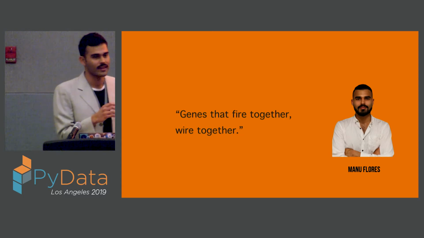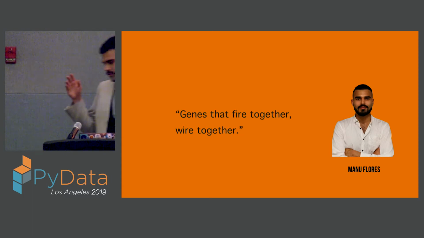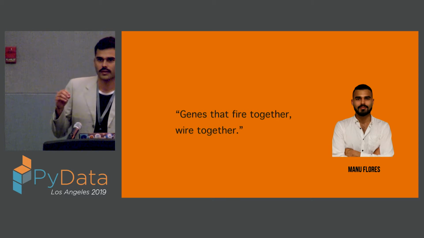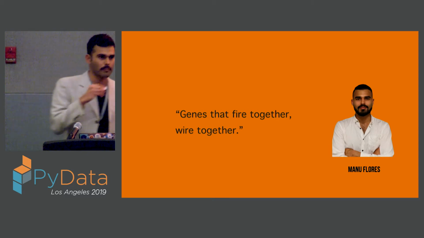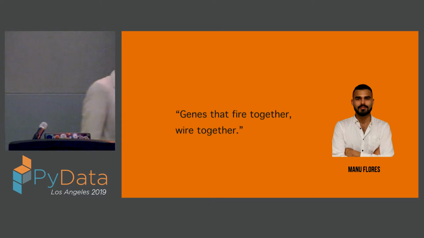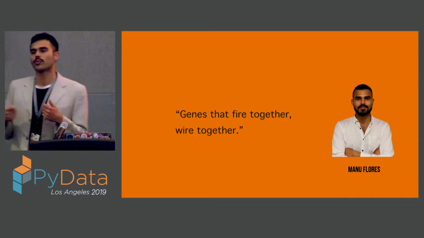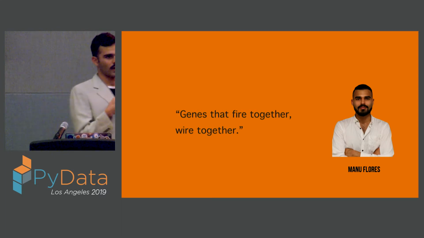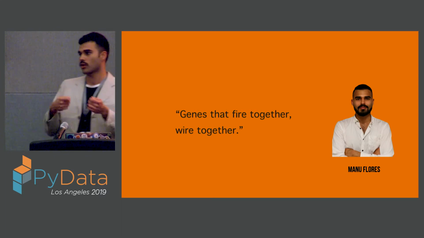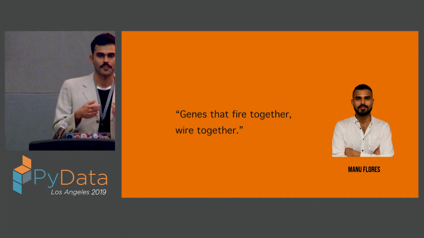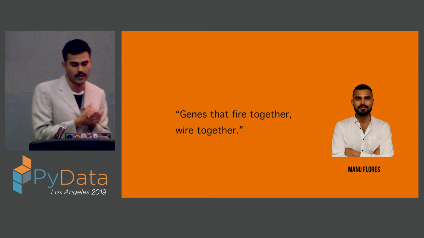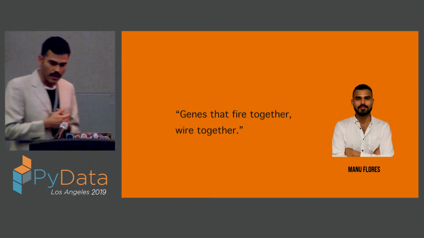The central point of this talk is the approach we're going to take today: how can we learn the wiring of the genetic networks that control how cells behave, using machine learning.